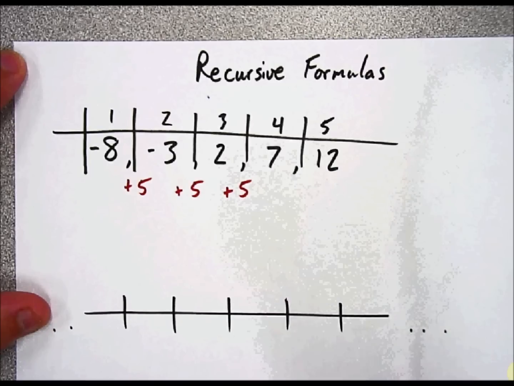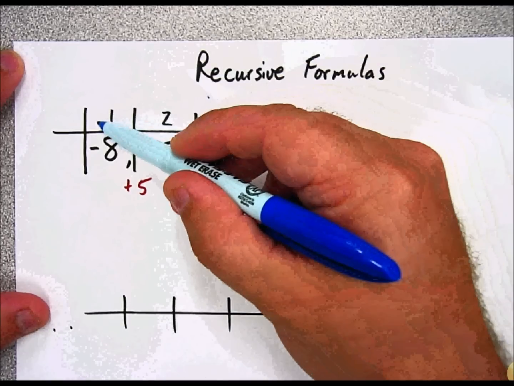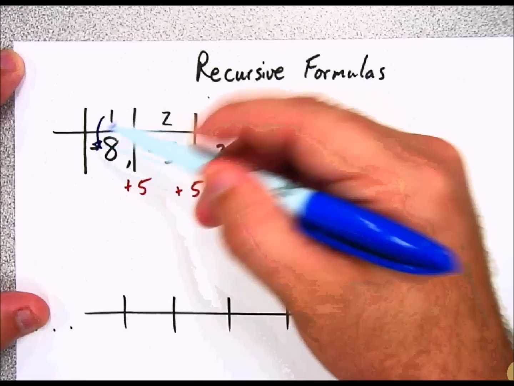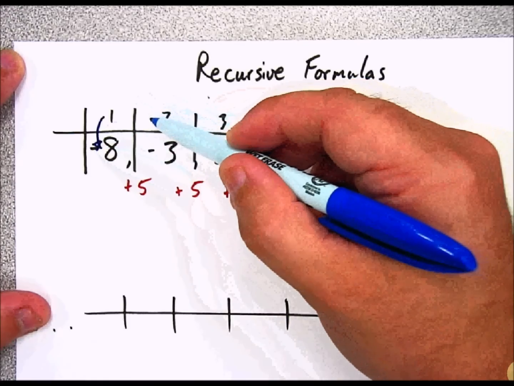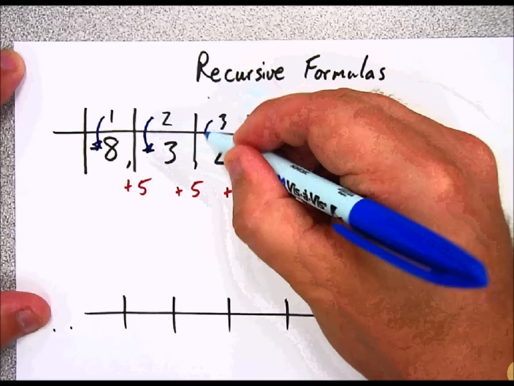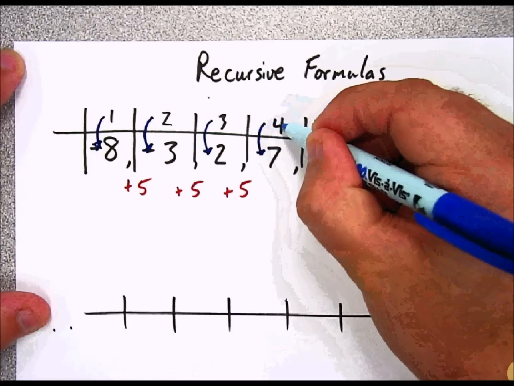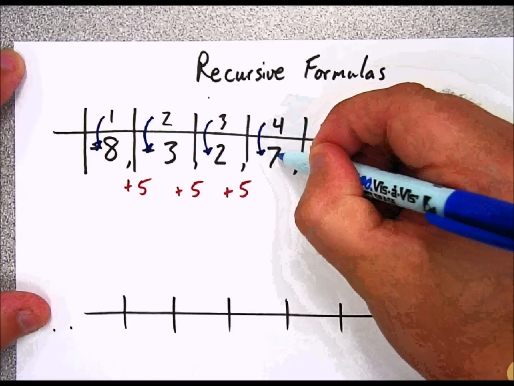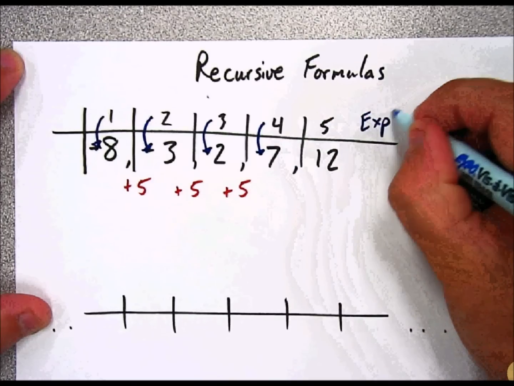The first one, which you can go watch our videos about, is how do we turn this 1 into a -8, where the same exact rule will also turn this 2 into a -3 and this 3 into a 2. So basically a rule that turns these input values into the output values, and that kind of rule is something we call an explicit rule.